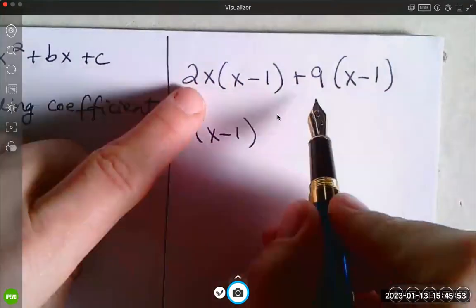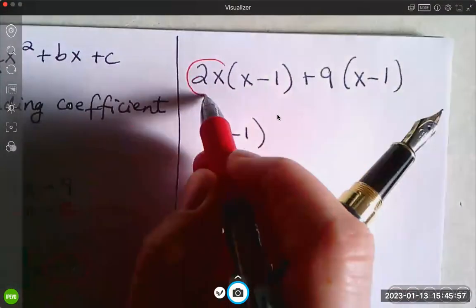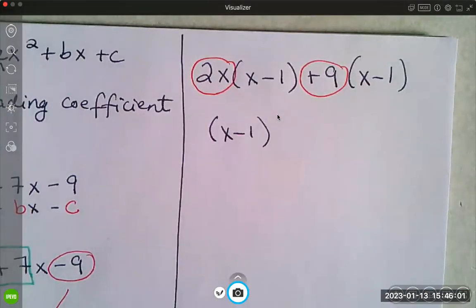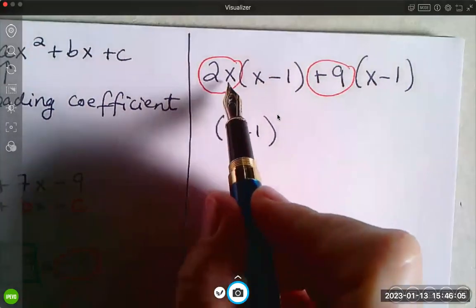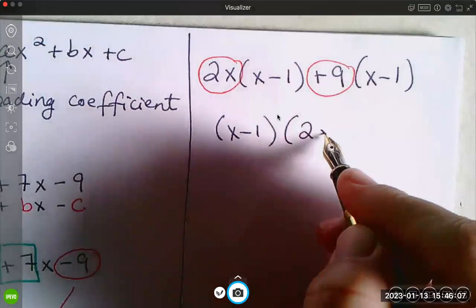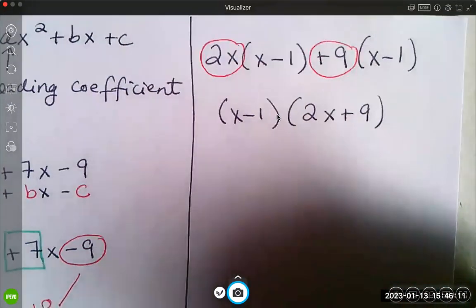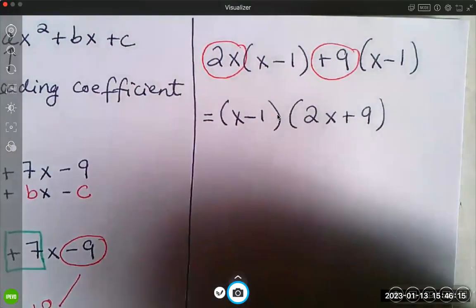And the other factor comes from pulling out the two factors of each side, and you just write it in order, 2x plus 9. And that is your second factor. So this is the factored form of the trinomial 2x squared plus 7x minus 9.